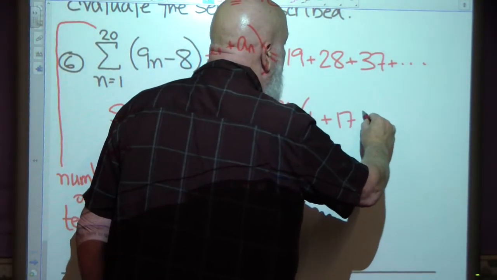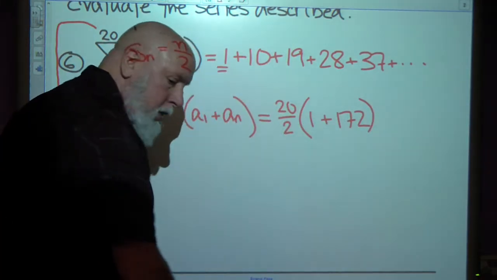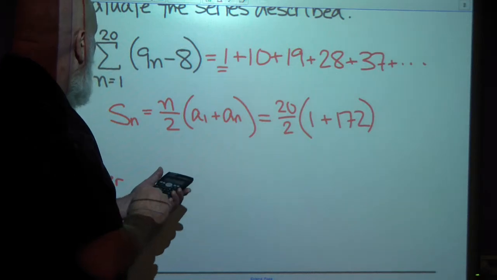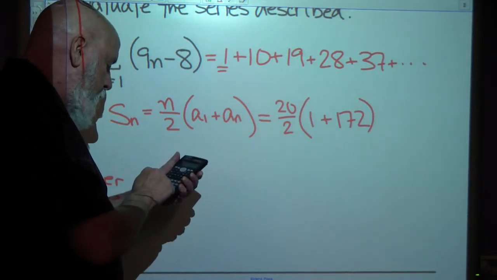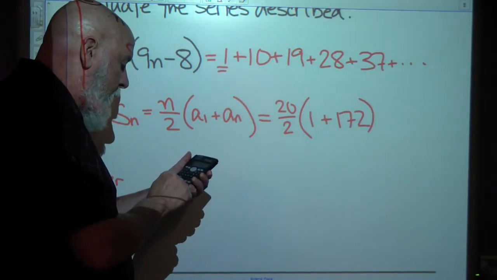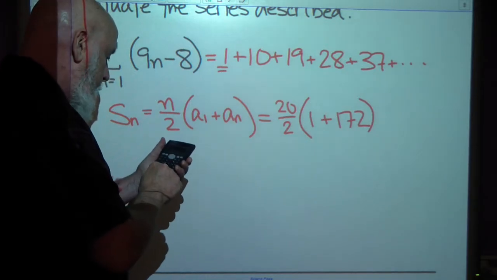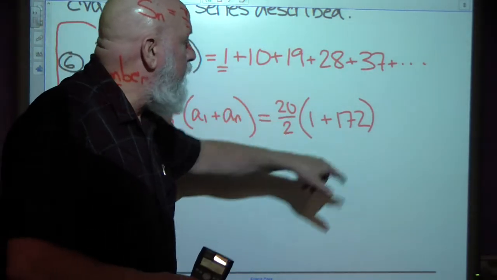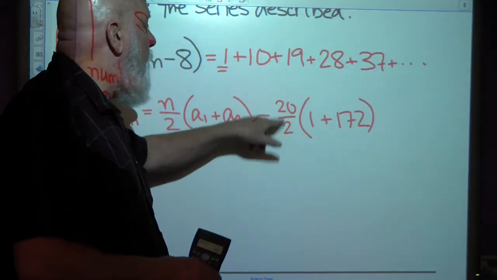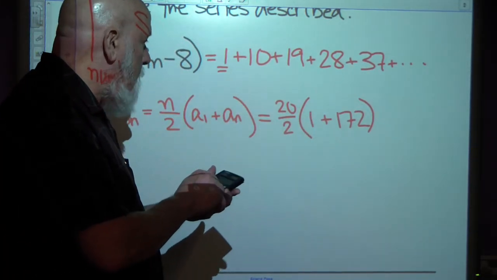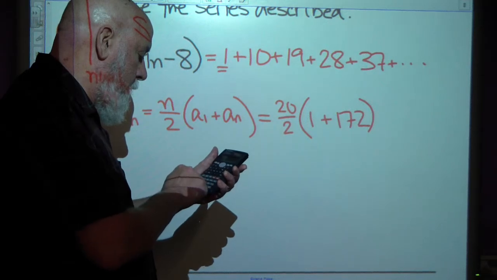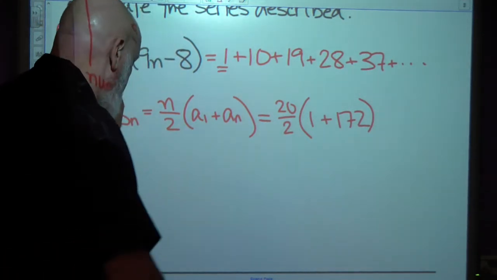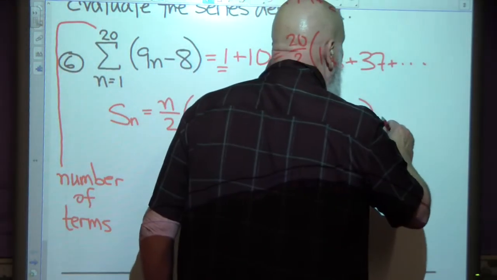I'm going to do that with a calculator just to make sure, because it's early in the morning and I'm easily confused. 20 times 9 minus 8. 172, yay. Now I'm just going to do this. This is 173 times 10, I believe. And that's 1730, yeah.